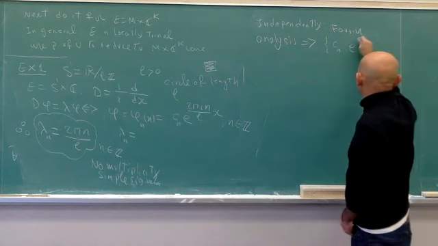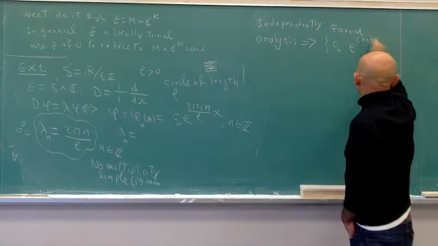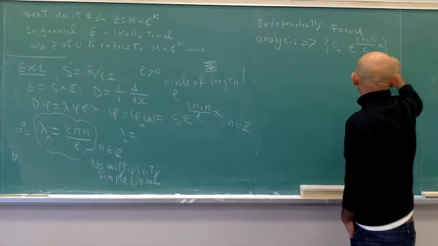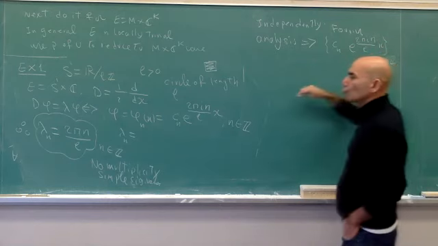So e to the 2 pi i n over L x, n belonging to Z, is an orthonormal basis.